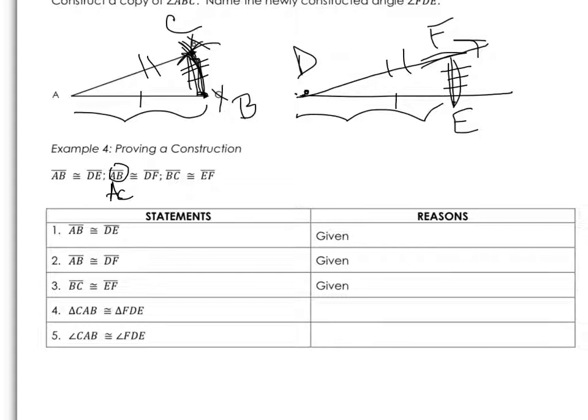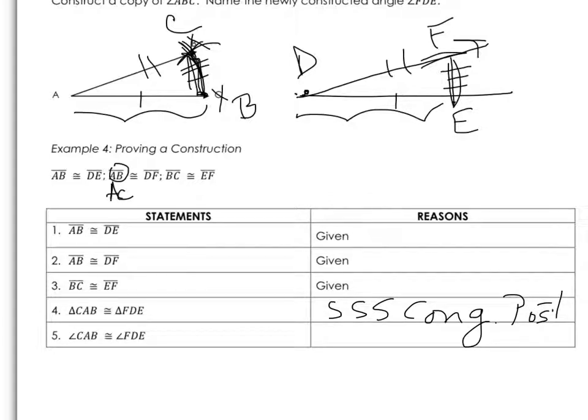Then they jump and say, oh look, then we can say that those triangles are congruent. And how do we say that? What's that based on? Well, that's based on the side-side-side congruence postulate.